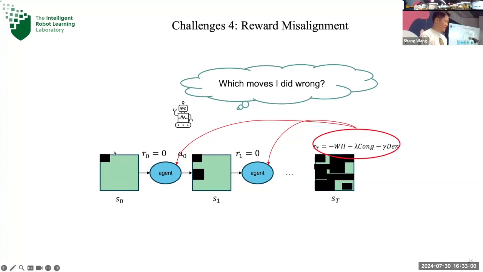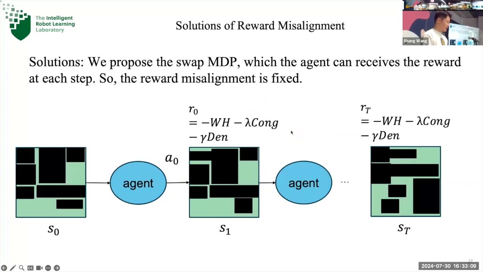For example, the agent receives a poor score at the end of the episode, but it may be confused about which steps made the wrong moves. Because we already proposed this new MDP, swapping a block at a time, the agent can receive a reward at each step. So reward misalignment is automatically fixed.